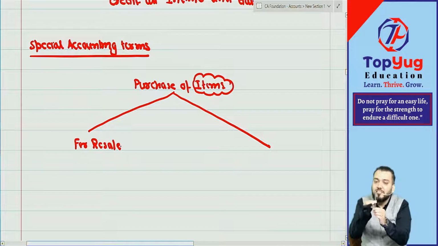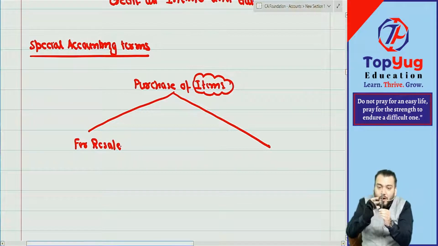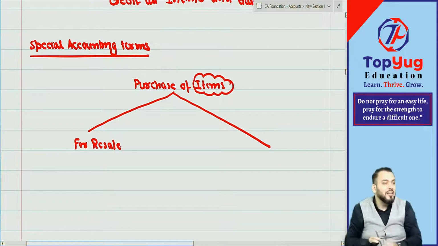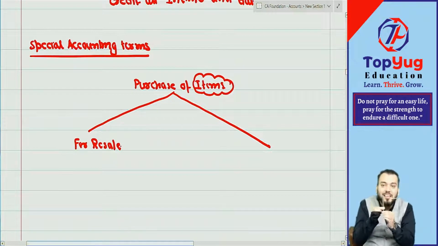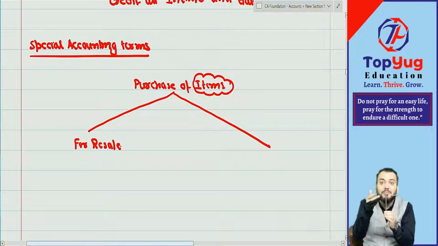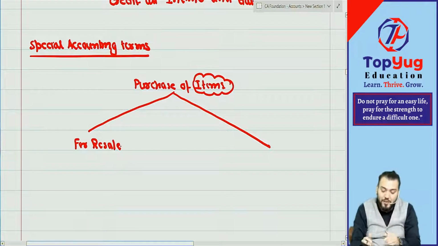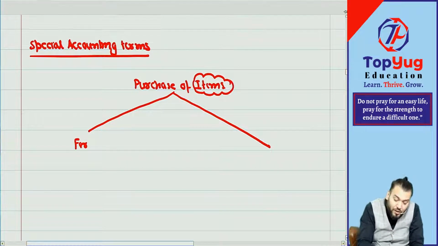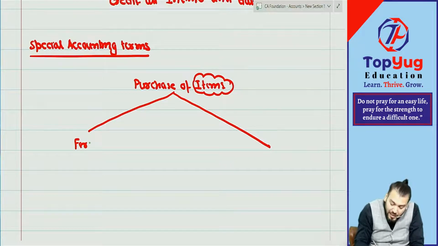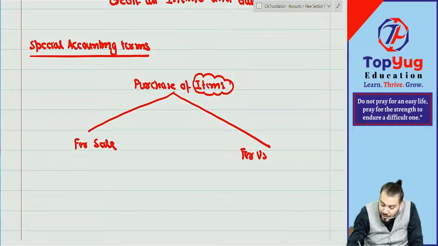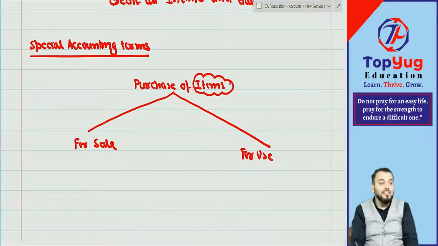Means I will purchase this pen either to use it or to sell it. There is no third category. Either I will use it in my business or I will sell it for my business. You need to find out what is the intention of purchase, for sale or for use. So first you need to find out the intention of purchase.